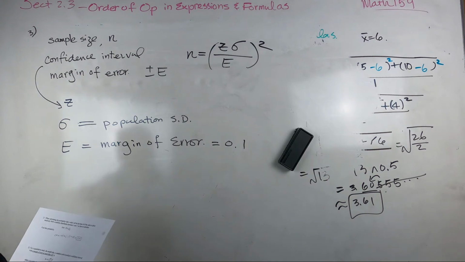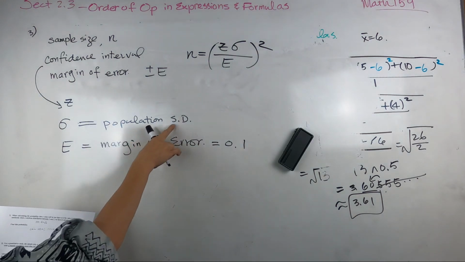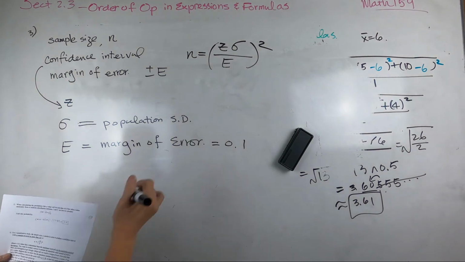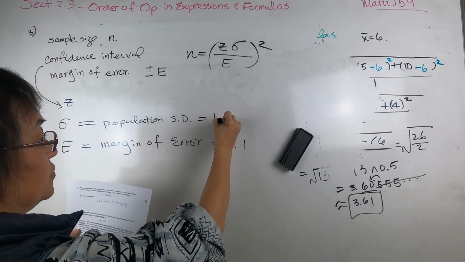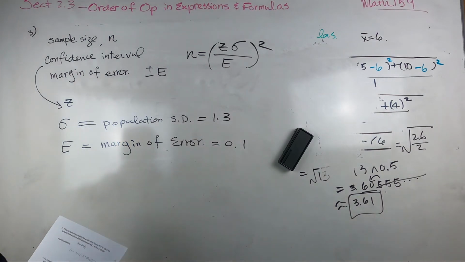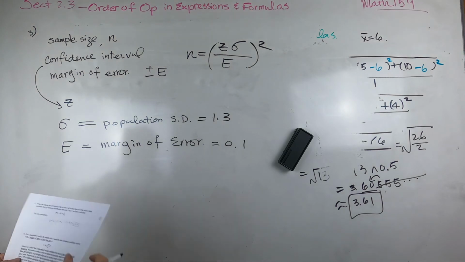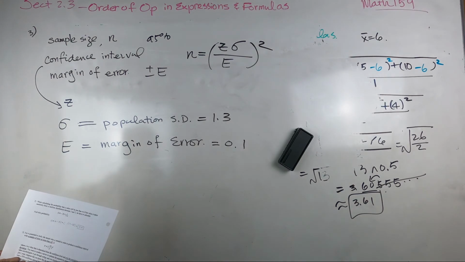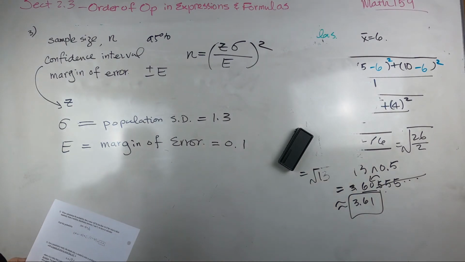Suppose you know that the population standard deviation is 1.3. What is the population standard deviation? Oh, right here. It says 1.3. So that's 1.3, right? If you want to have a 95% confidence interval, so this one is 95%, that comes with Z equals 1.96.